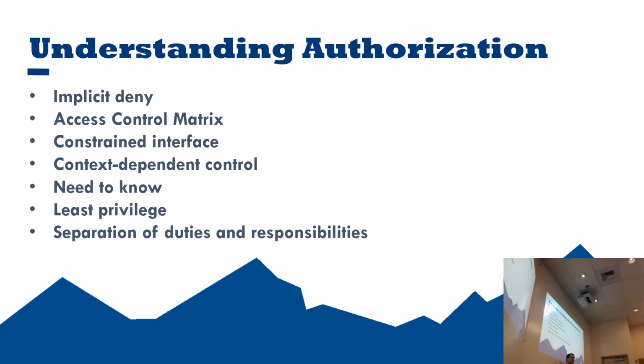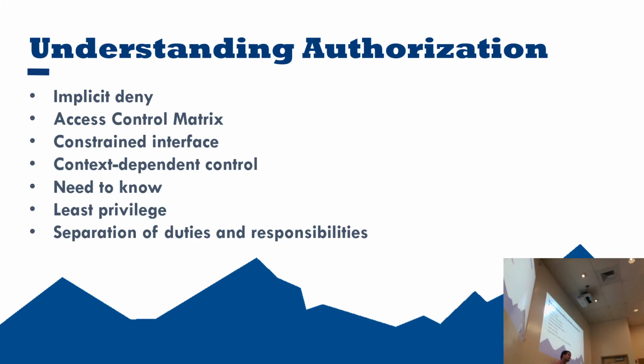Well, not exactly. So you could say a view or a window, right? Okay, those are examples of constrained interfaces. You've assigned specific things that people can view, and you can assign that to different groups, okay, or different users.